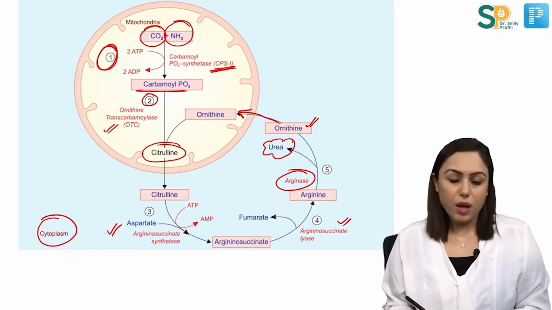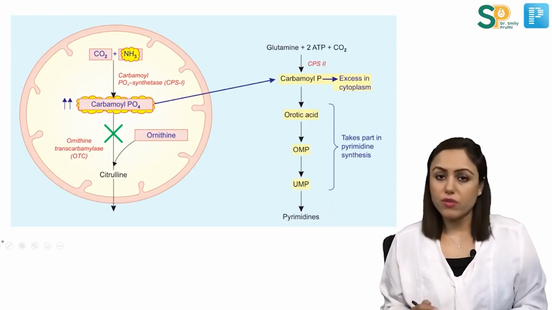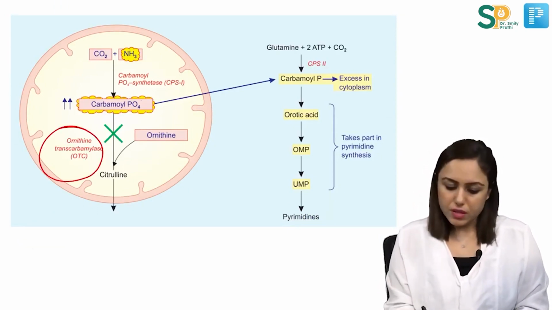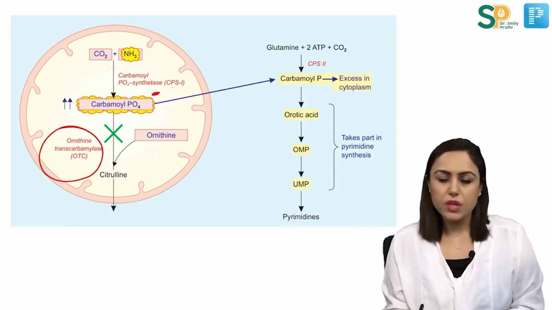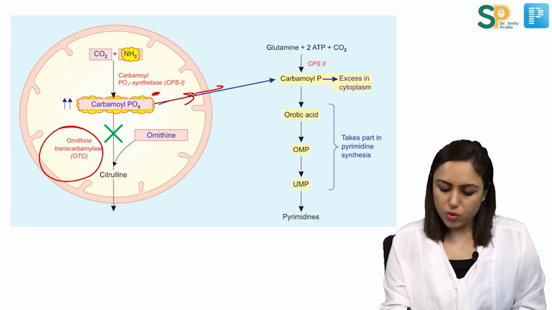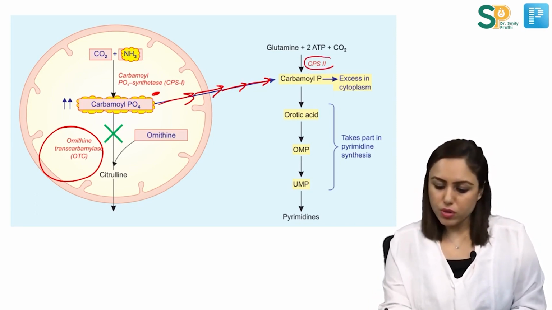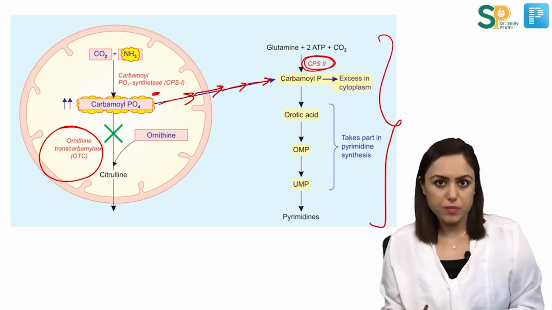So now what happens when there is OTC deficiency or defect? So this enzyme OTC, if defective, then there is excess of carbamoyl phosphate in mitochondria. This excess will go in the cytoplasm. Here there is CPS2 enzyme, which is rate limiting enzyme of this pyrimidine pathway.